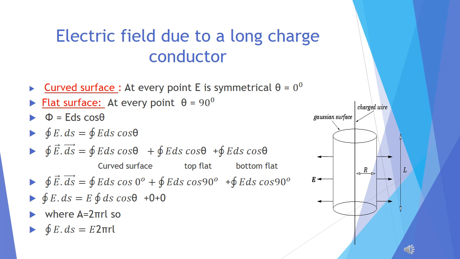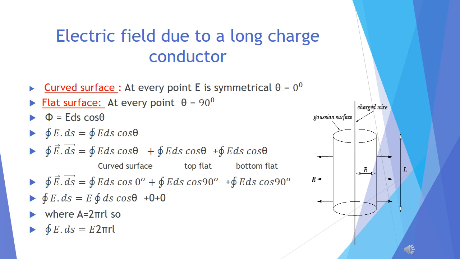We take the whole surface as a Gaussian surface, but when it comes to calculation, we will do it in two parts: one for the curved surface because it has symmetry, and one for the flat surface because it again has symmetry.